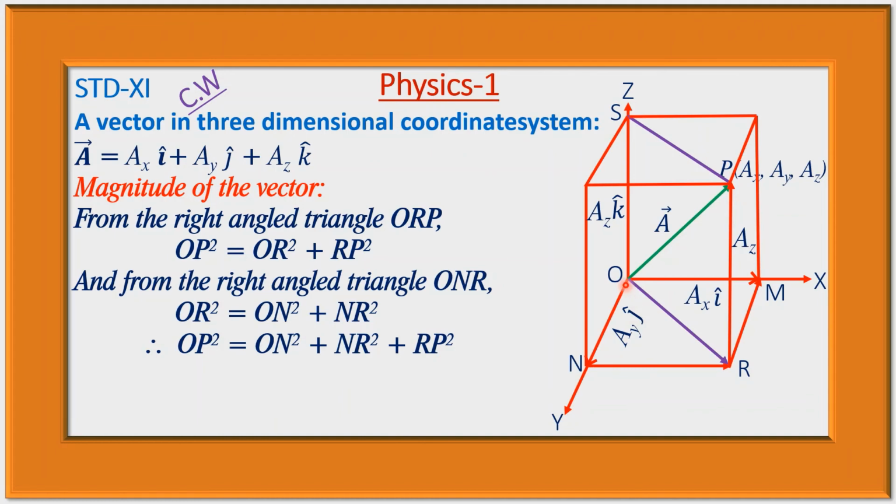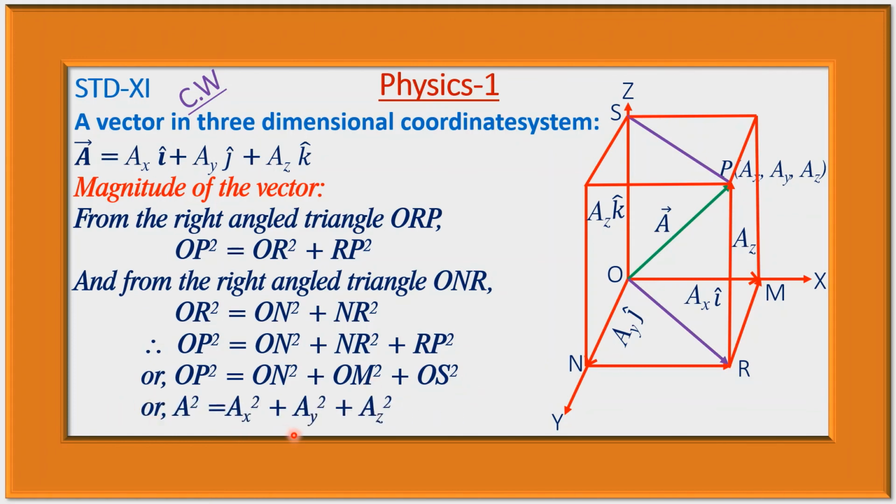And we know OP square is equal to ON square plus OM square, because NR square is equal to OM square, and also RP square is equal to OS square, since RP is equal to OS.